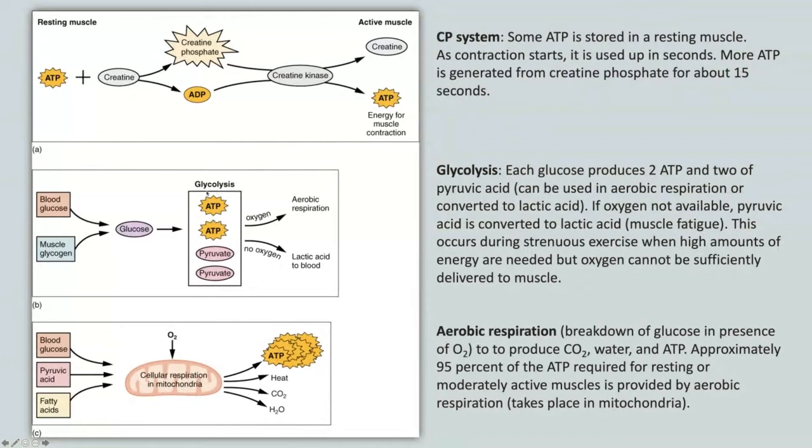Then we have here the glycolytic pathway. Notice that either using glucose from the blood or glucose from the breakdown of glycogen, this glucose may be broken down by glycolysis to produce a couple of ATPs and also a couple of molecules of pyruvate.